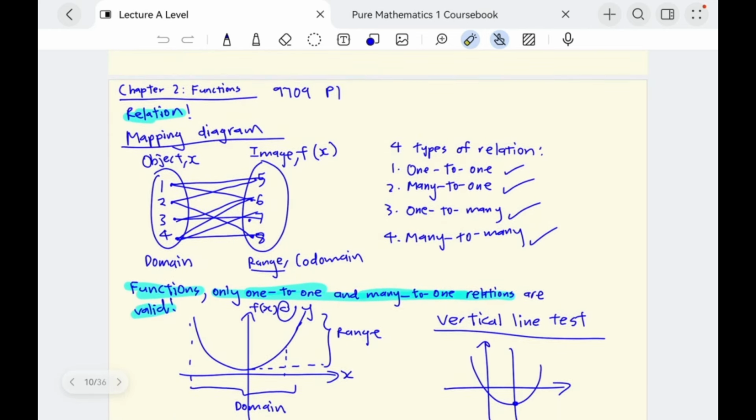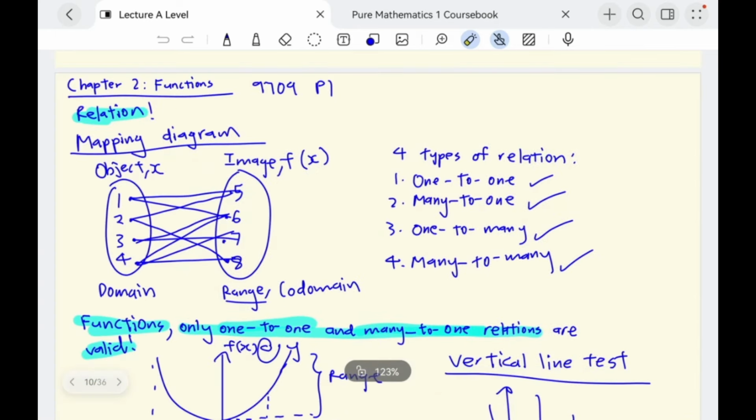I'm going to briefly explain these 4 relationships right now. One-to-one relationship means that, let me erase this for you, here, let's say, for instance, is your object 1.